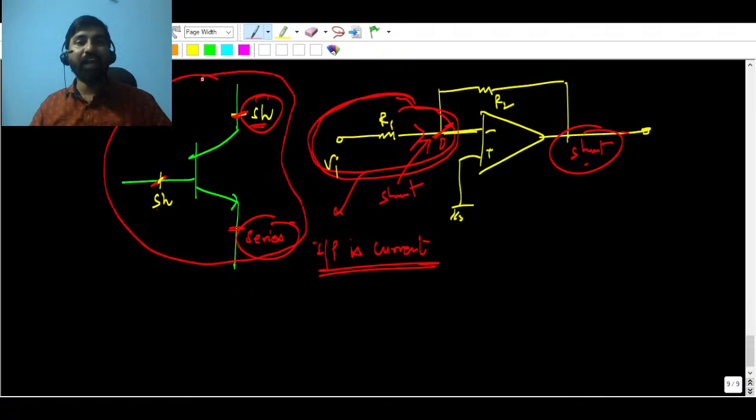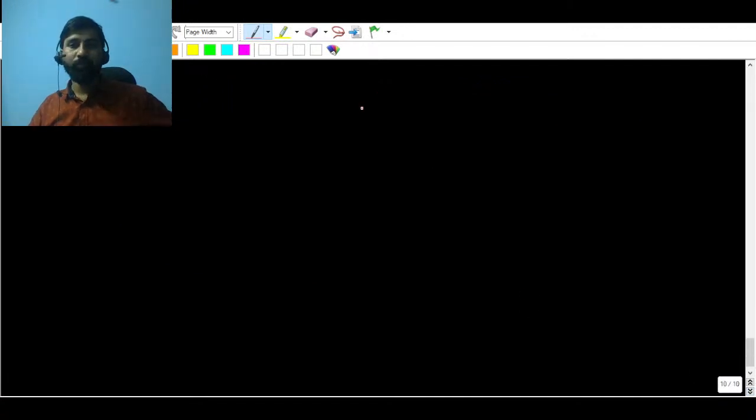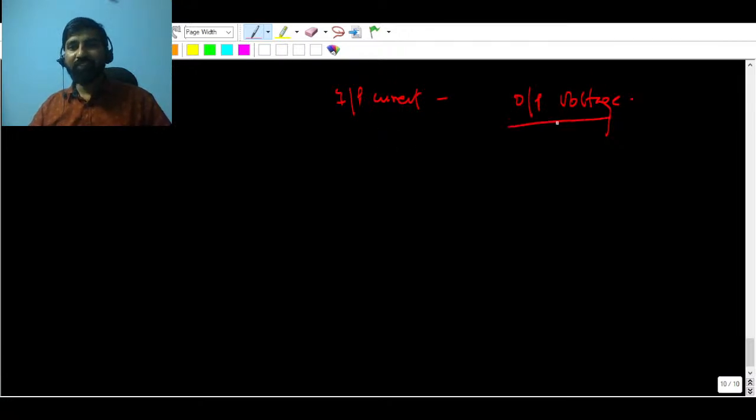In detail I will explain what sampling and mixing are. But in my case, if the output is voltage and the input is current, this is how I remember. If the output is voltage, it means the output resistance is going to be low.